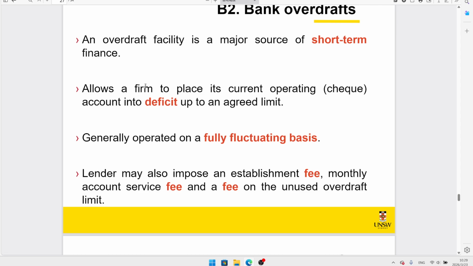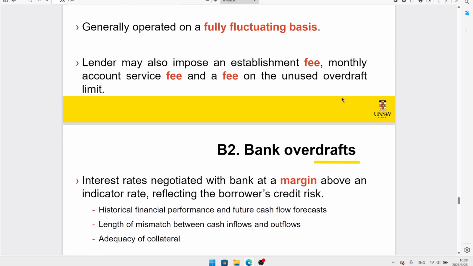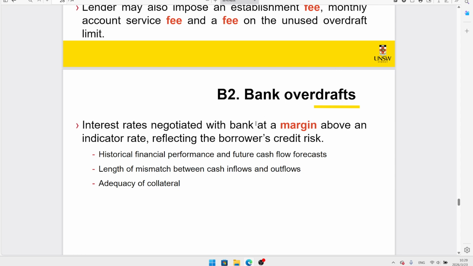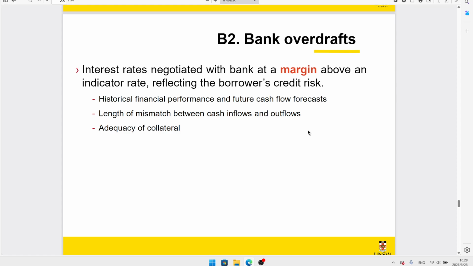The firm places its current operating account into deficit up to the agreed limit, generally operated on a fluctuating basis. The lender may also impose establishment fees, a monthly account service fee and a fee on the unused overdraft limit. The bank overdraft interest rate is negotiated with the bank at a margin above an indicator rate, reflecting the borrower's credit risk, historical financial performance and future cash flow forecasts.